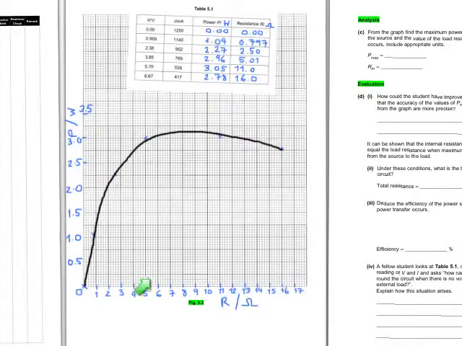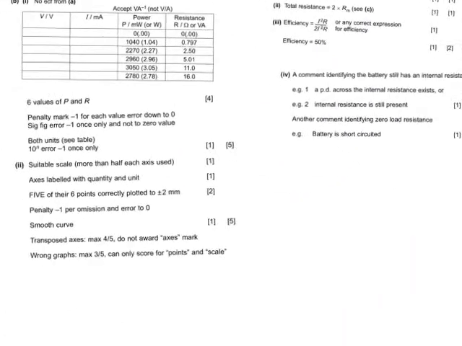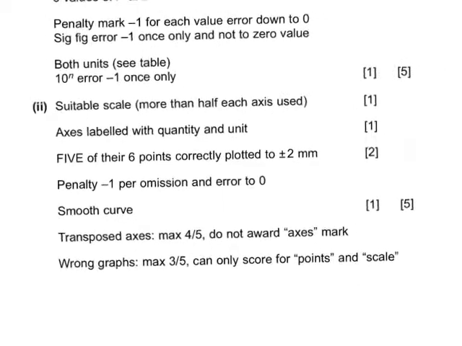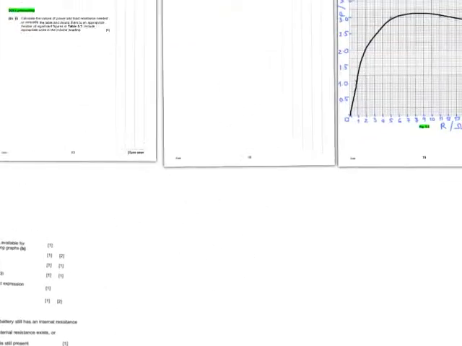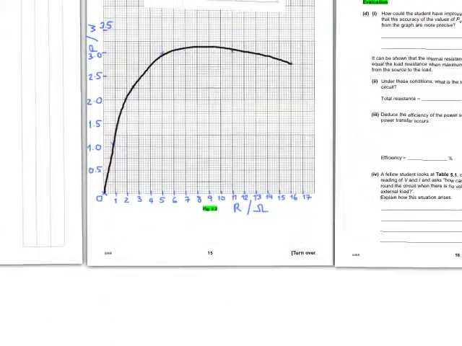In terms of the x, definitely stretched that far enough. Hopefully they wouldn't mark me down for that one. And what we've got then as well is the axes labelled correctly with the quantity and unit, our points within plus or minus 2 millimeters, and then a smooth curve. So I think I would get full marks for that.